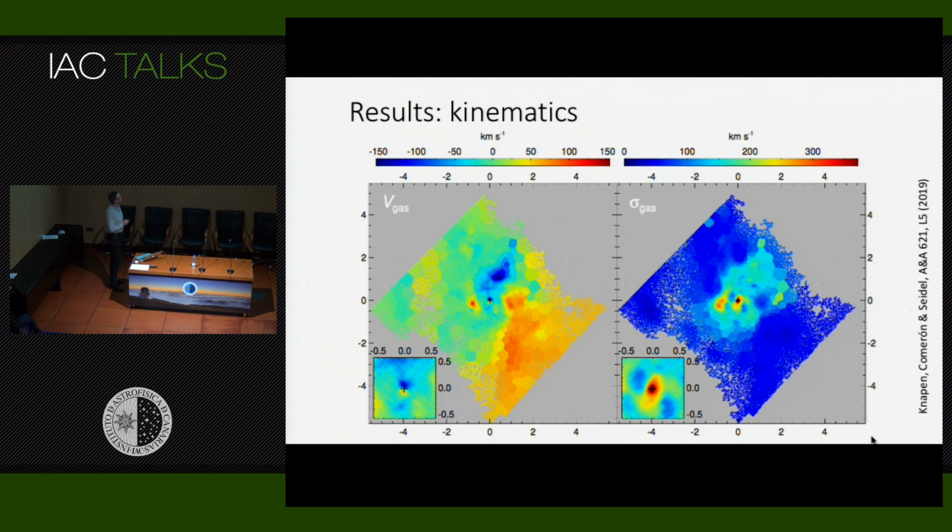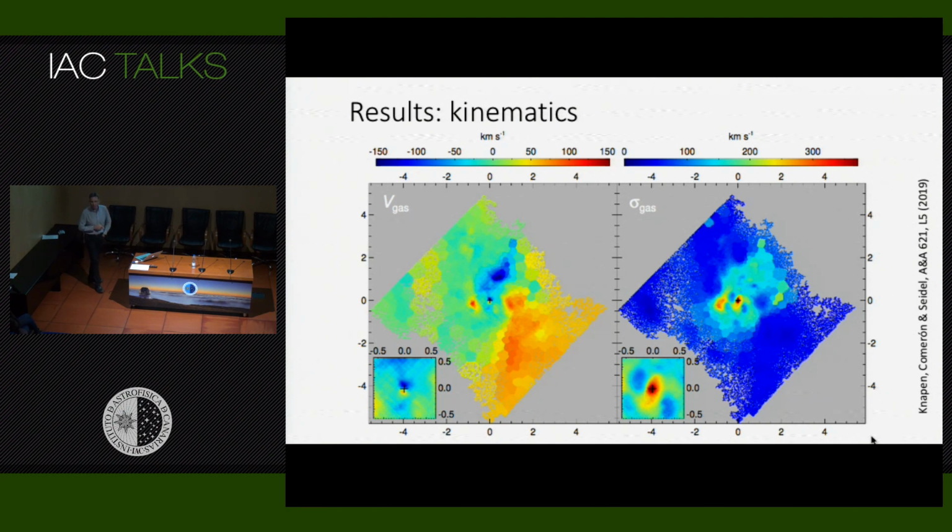But again, this same region where we saw the strange AGN-like line ratios shows enhanced velocity dispersion. And if you look on the left here, that same region again shows weird velocities. The velocity field runs roughly from high values down here to low values up there.